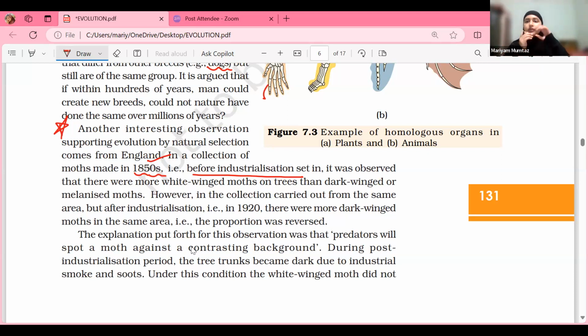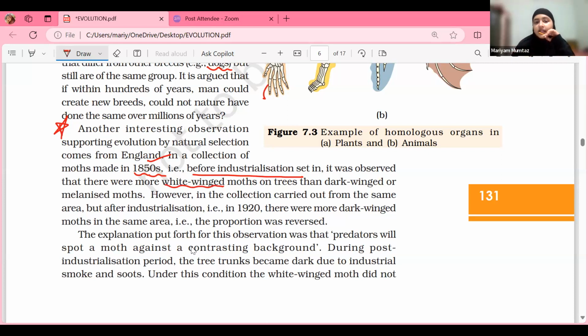Okay. So before the industrialization, meaning before the industries were set up, in the 1850s, when people saw the moths of that time, it was observed that the moths had white wings. They were white in color.